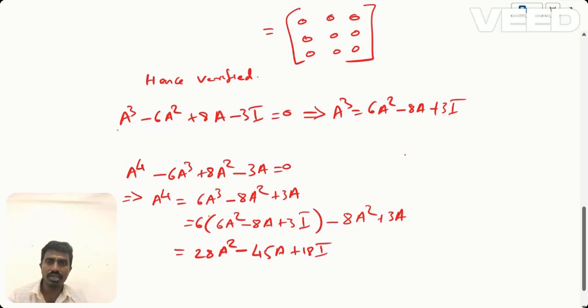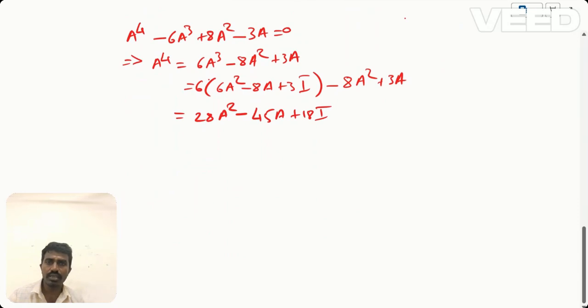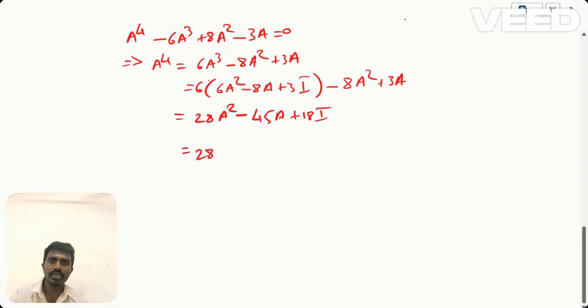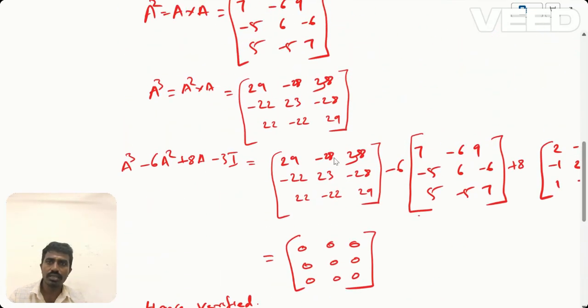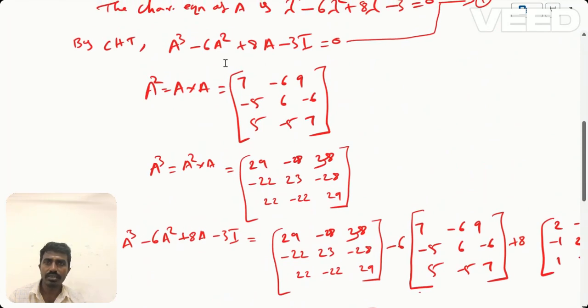Now you substitute the values of A square, A and I, then you get 28 times A square. A square is this matrix.